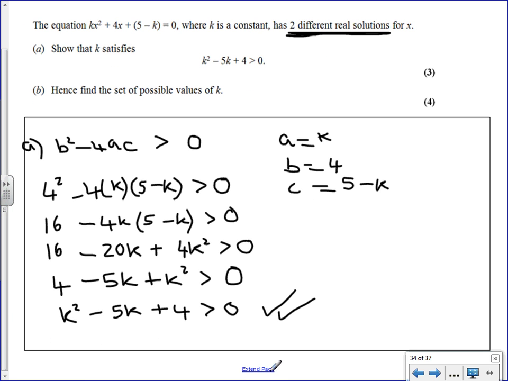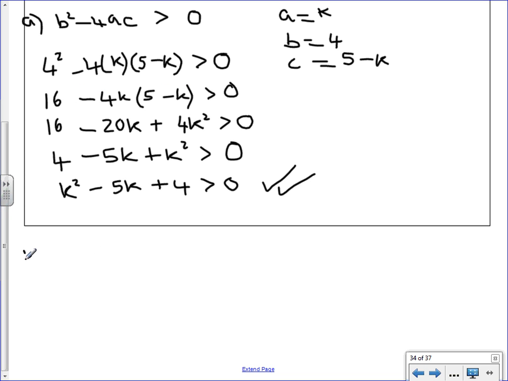In part B, we need to find the set of possible values for k. So if we use what we've got in part A, k squared minus 5k plus 4 is greater than 0. Let's have a look back at the question again.